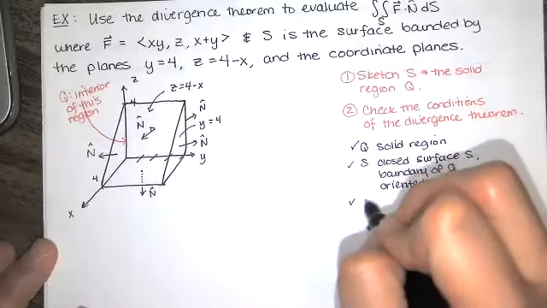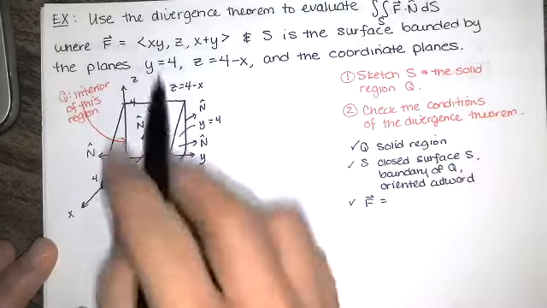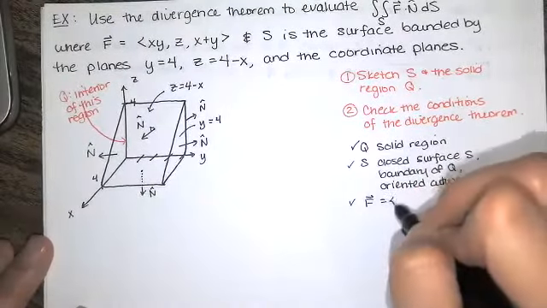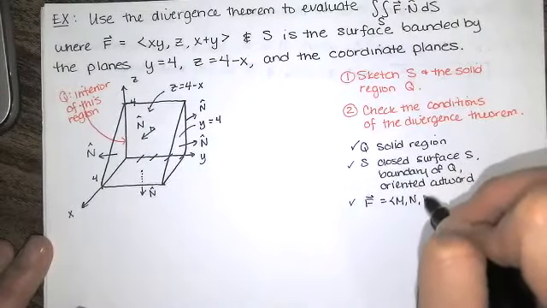And F is a field with polynomials for its component functions.